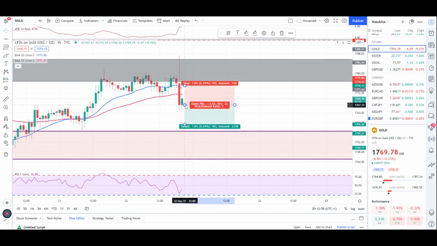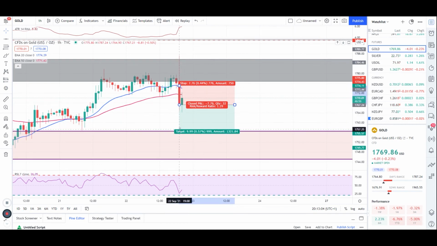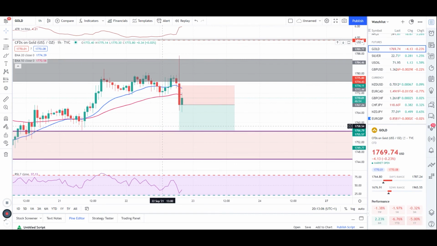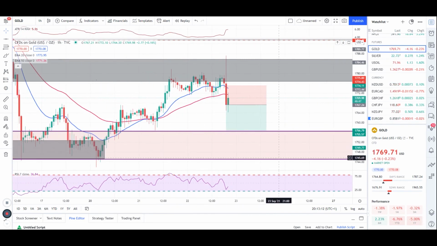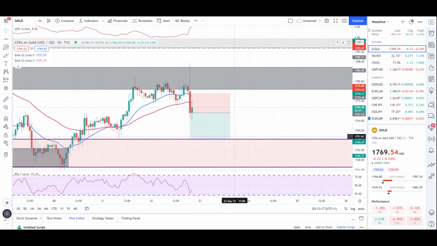I can still see the market with this bearish pressure. I can still see the market go all the way down towards this level, which is 1756, or it can also go down towards this level of 1745.